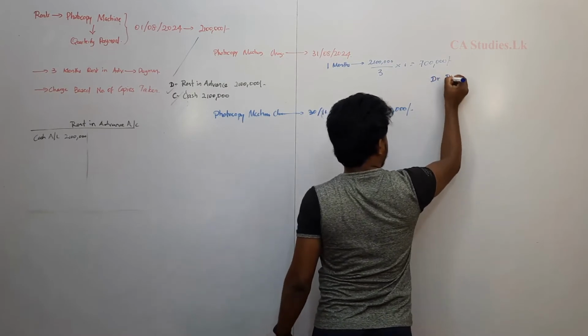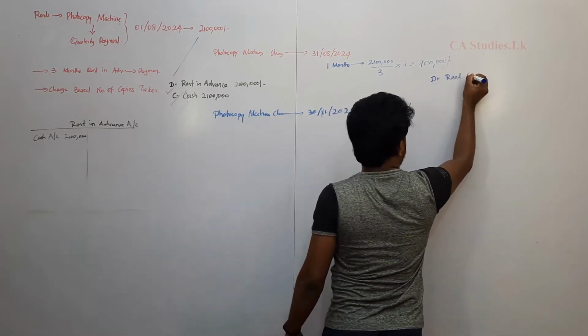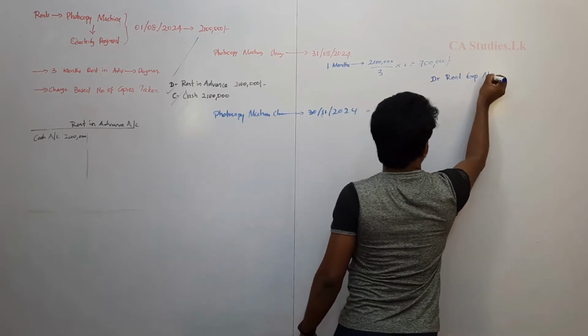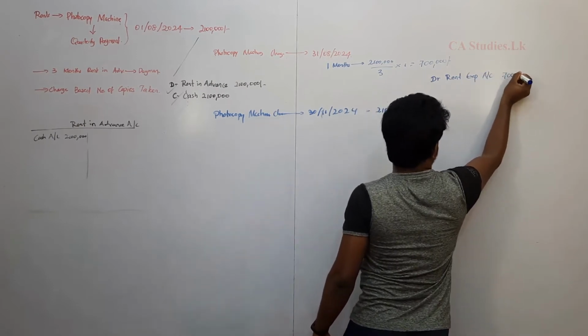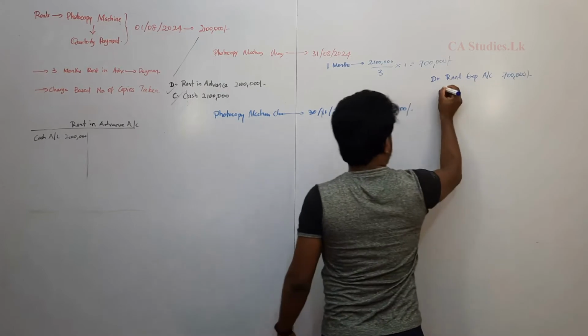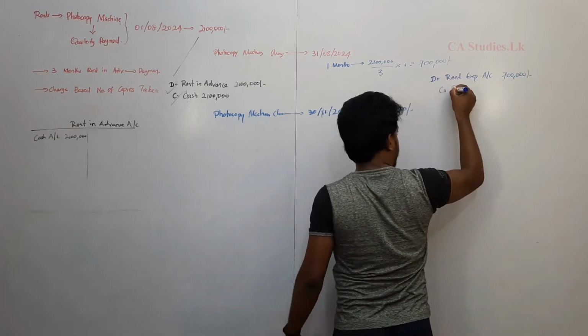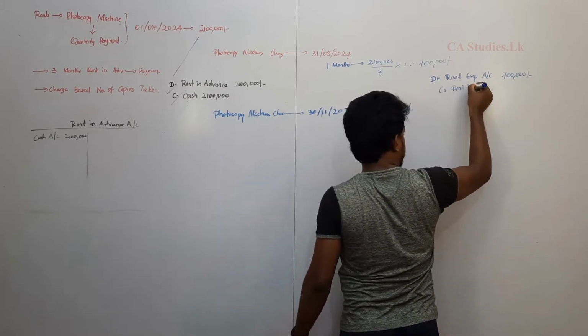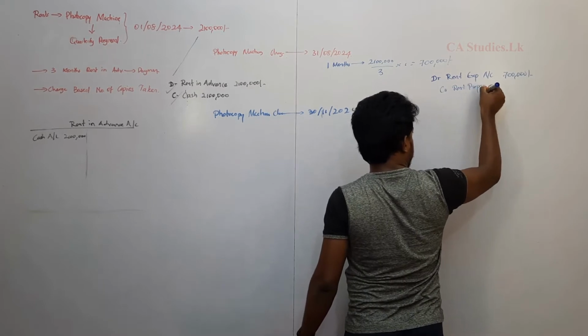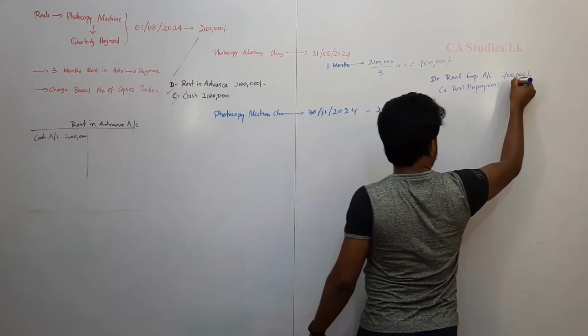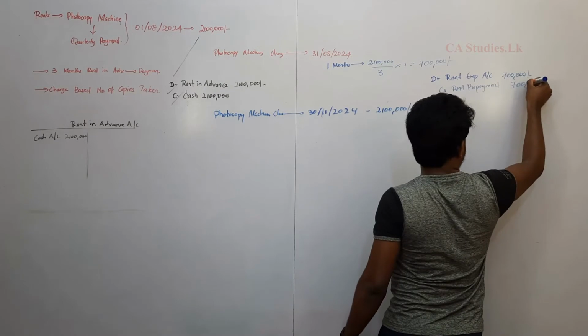Debit rent expense account, 700,000. Now credit rent prepayment, 700,000.